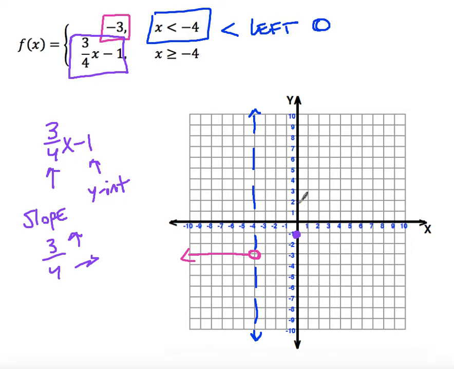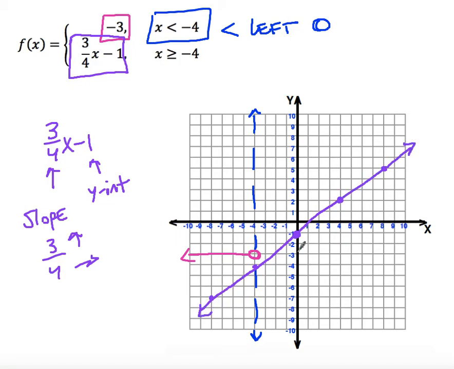If I go up 3 to the right 4, I'll go off the graph. But I could come back and go the other direction, which would be down 3 and then to the left 4. Oh, do you see that's where it hits the fence? All right, so you can imagine your line here. You could even draw it in.